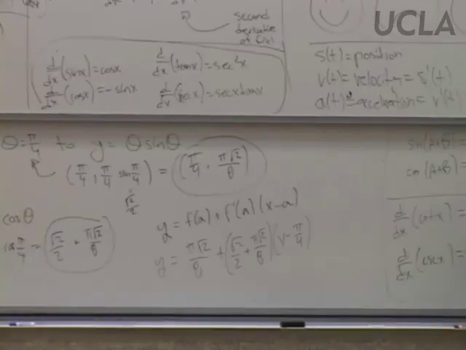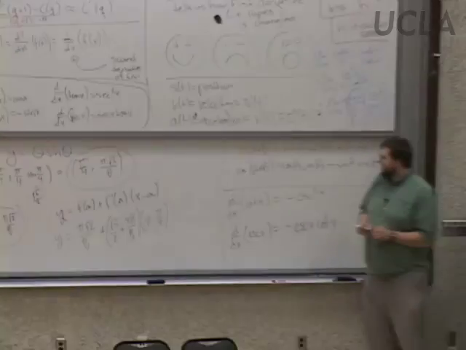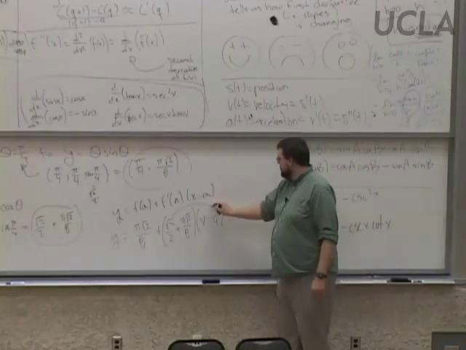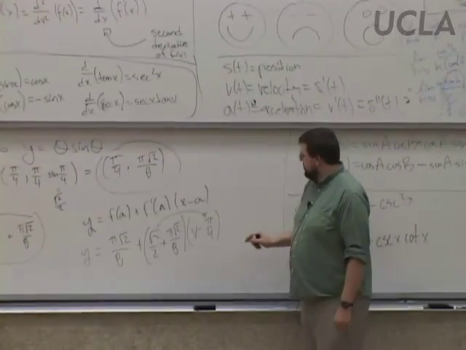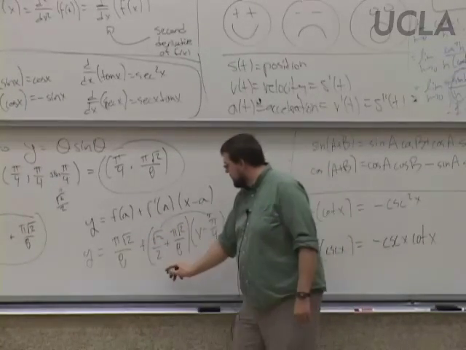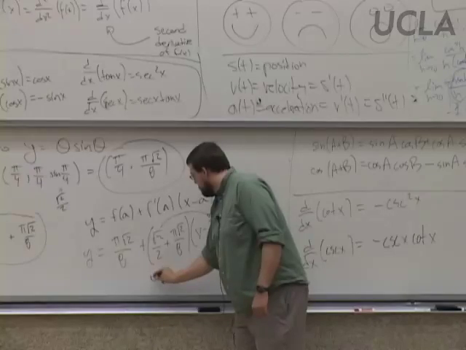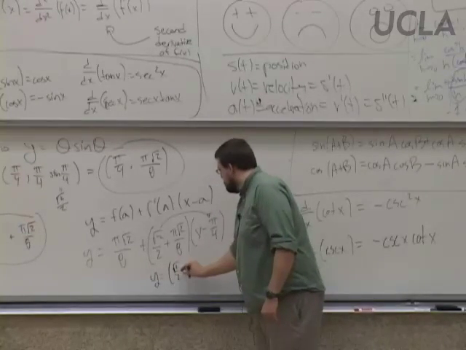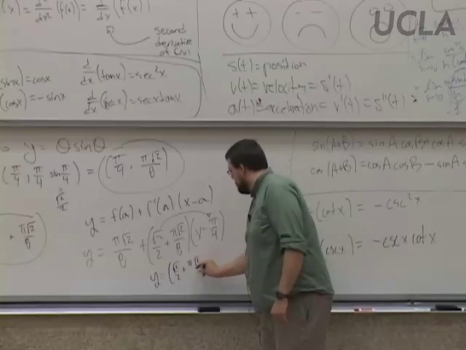Silence is not the correct answer. Well, what happens if you multiply these two together? You'll see you get pi root 2 over 8, which cancels with that guy. So you do get a little bit of simplification, not much. You get root 2 over 2 plus pi root 2 over 8 times x.